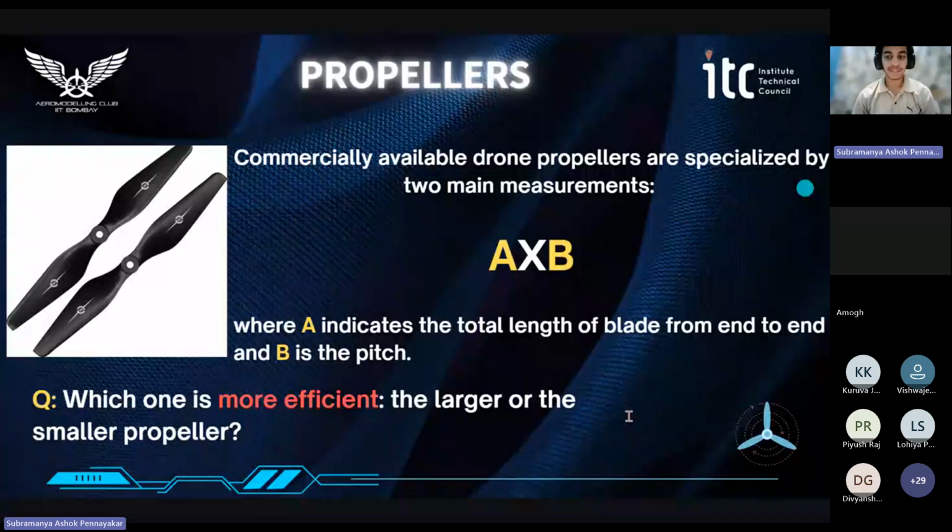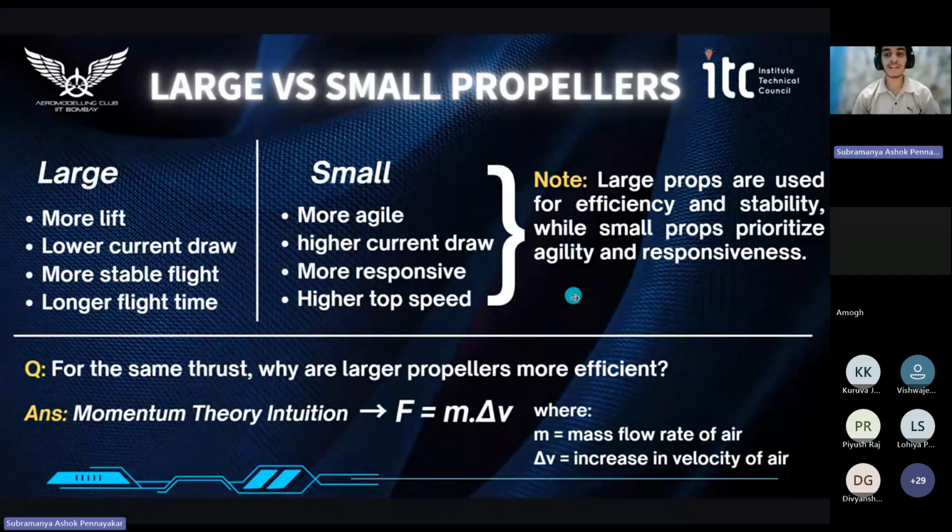Yeah, okay. Pitch to diameter ratio decreases. Yeah. Vishwajit, let me explain you about this. So yes, larger propellers are the most efficient one.